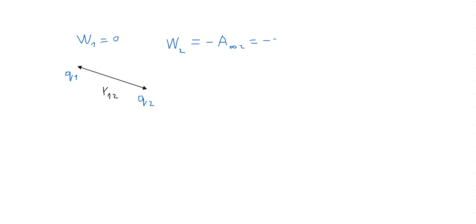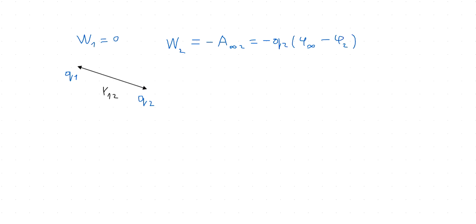So it can be calculated as minus Q2 multiplied by the electrostatic potential at infinity minus the electrostatic potential of charge Q1 in the point where charge Q2 is present.